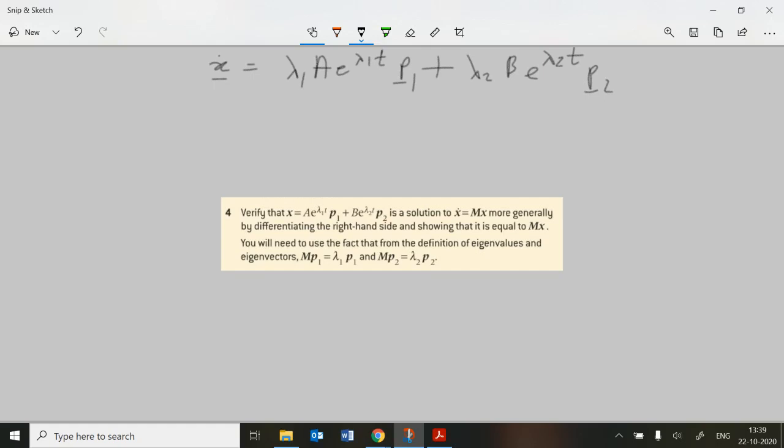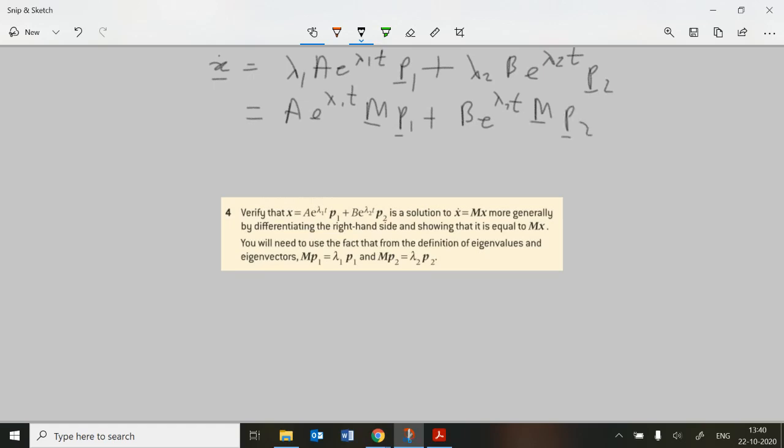At this stage, we can see that this, multiplied into this, is equal to your matrix applied. Again, that's just the straightforward initial definition of how we found our eigenvalues and eigenvectors. So I'm going to combine these to bring a constant here: a e to the lambda 1 t, the matrix applied to p1, and b e to the lambda 2 t, the matrix applied to p2.